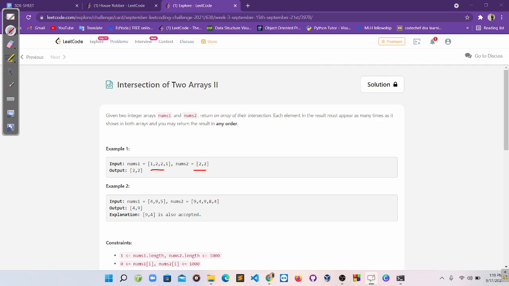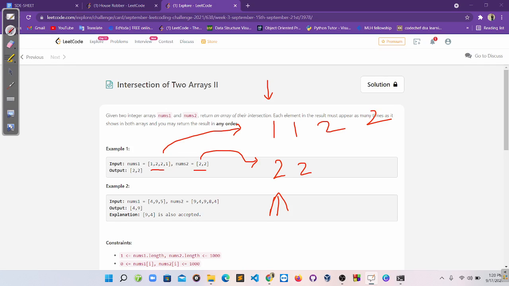So what we do is sort the arrays. We get 1 1 2 2, and the other one is 2 2. After that we create two pointers. We know both arrays are sorted, and we compare these two elements. We check if the element at this pointer is equal to the element at that pointer.